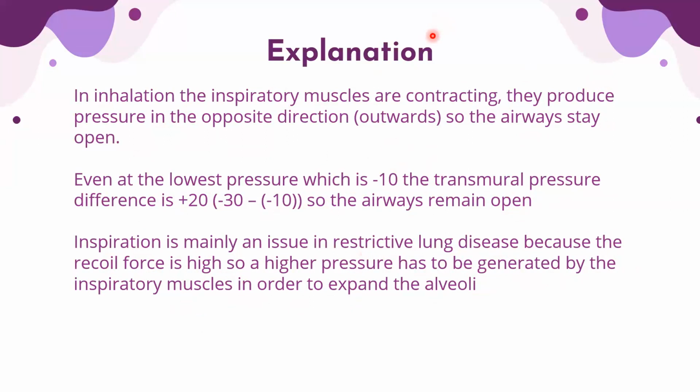So inhalation is not a problem in obstructive lung disease. It's a problem in restrictive, because in restrictive, the lung loses its elastin stability, okay? And the recoil force becomes very, very high. Compliance is lost, recoil force very high. So the lung will not accommodate a large volume of air inside it. Is that clear? Your question?